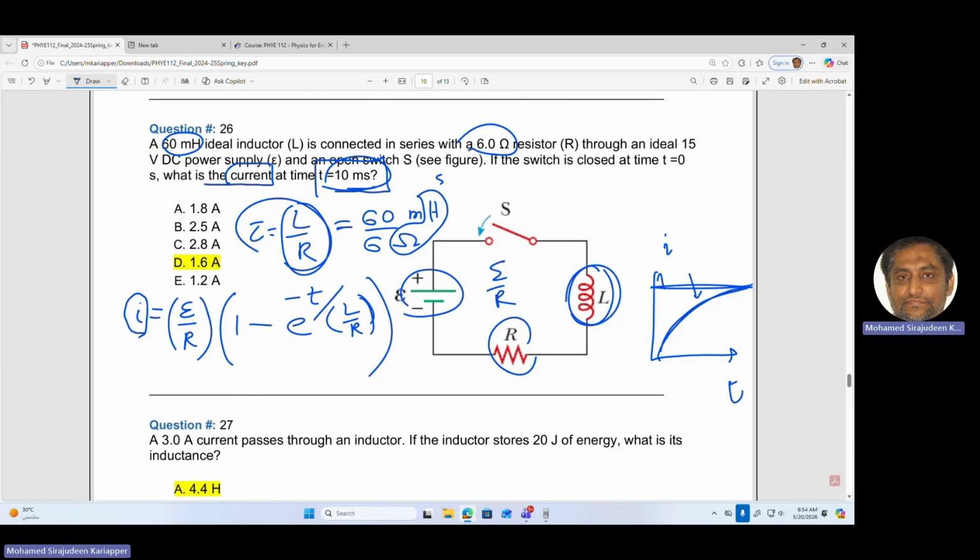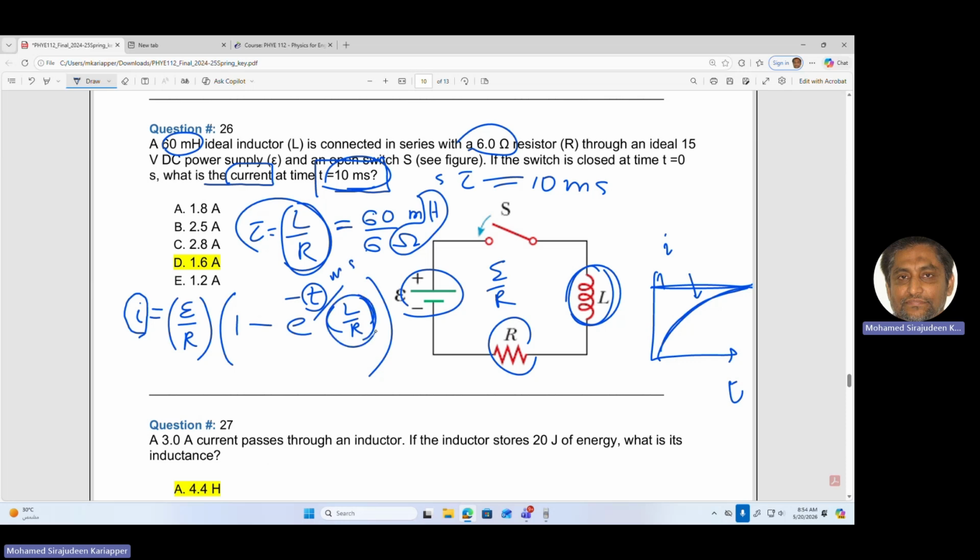So how much is this? Tau is equal to 10 millisecond. Okay. All right. Are you following me? A second is how much? It will be 10 to the power 3 milliseconds, right? But let me keep it in millisecond. Why? I will put the time in millisecond.